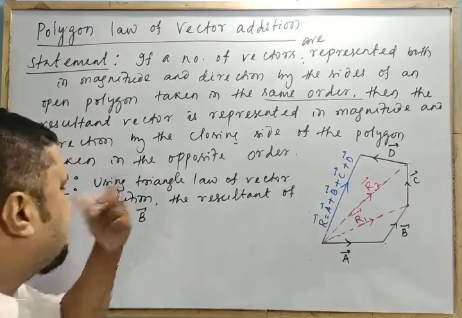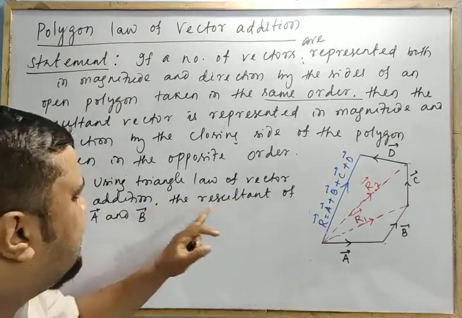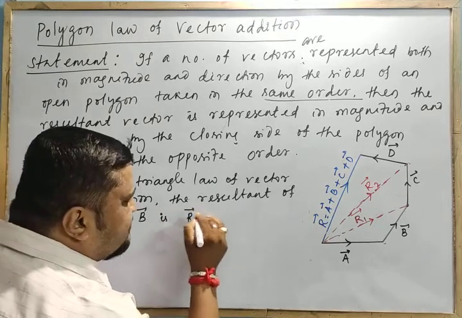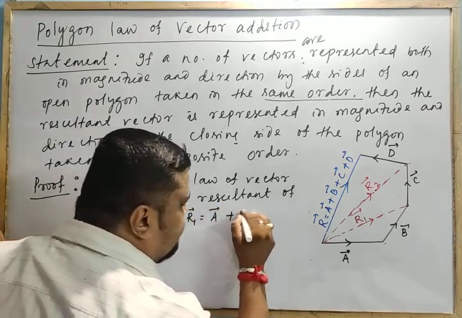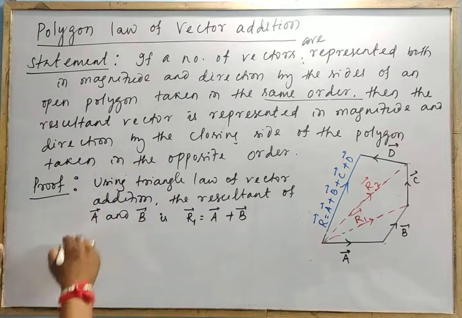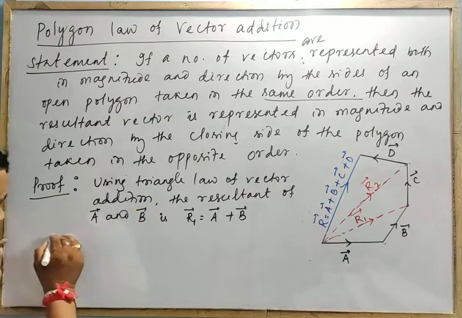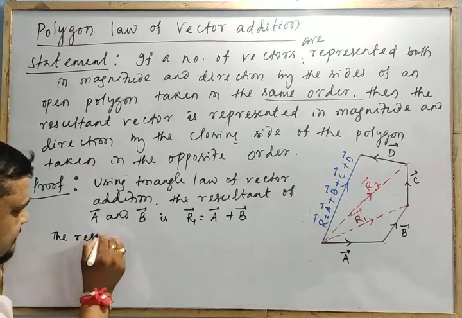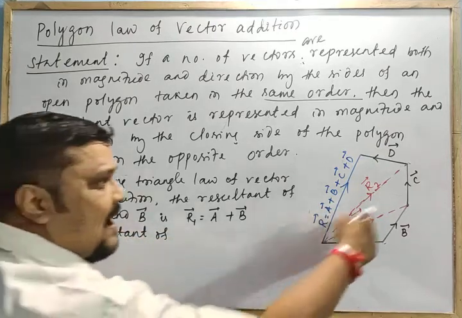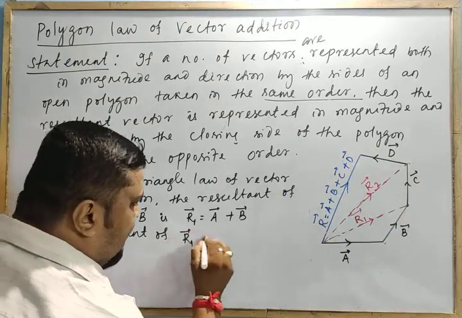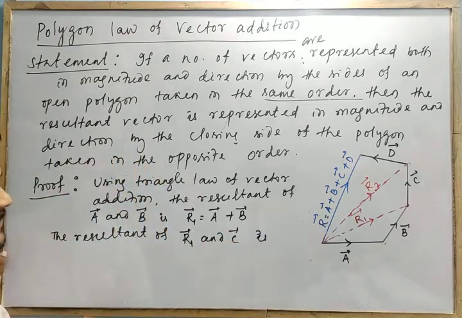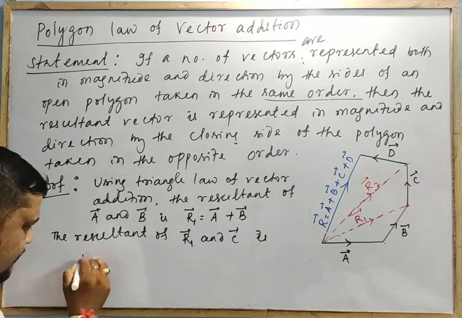But I am taking it in vector form. Using triangle law of vector addition, the resultant of A and B is R1. That should be equal to A plus B. Isn't it? Right? Next, the resultant of R1 and C is R2.